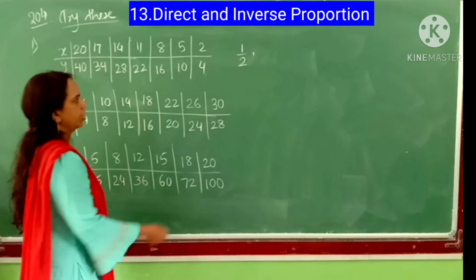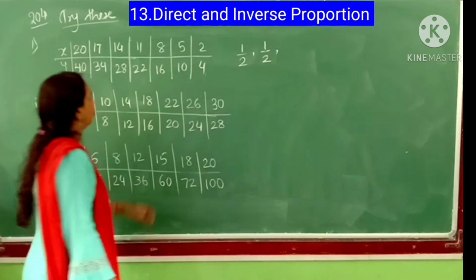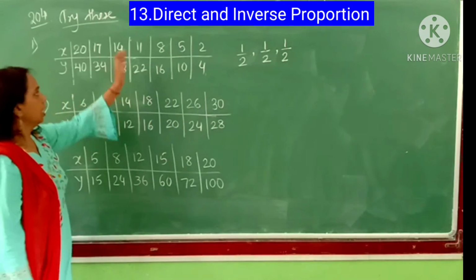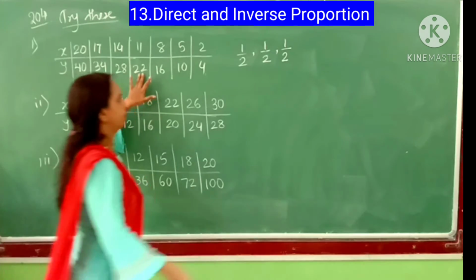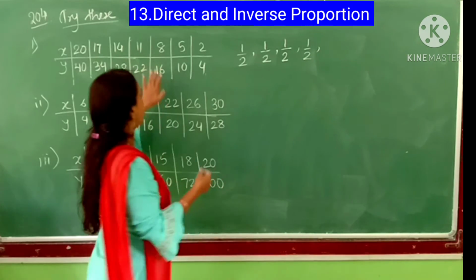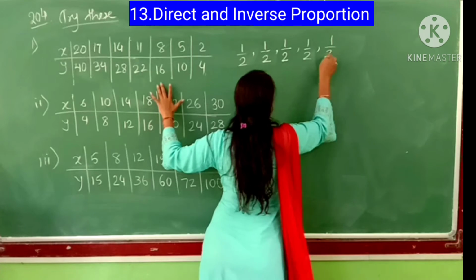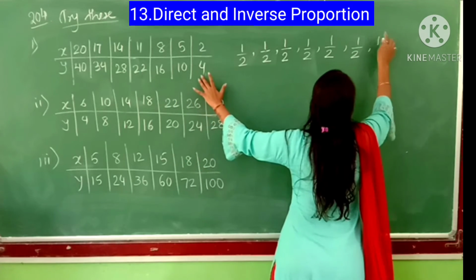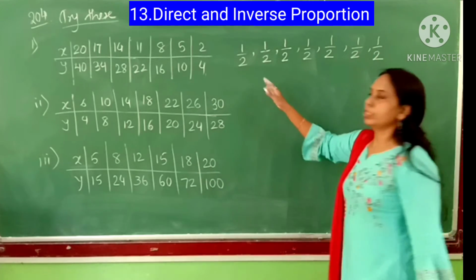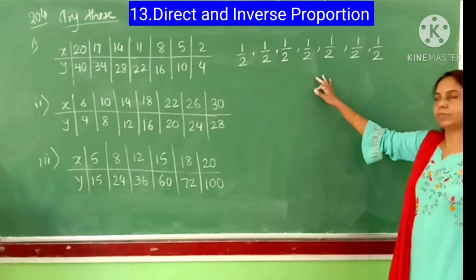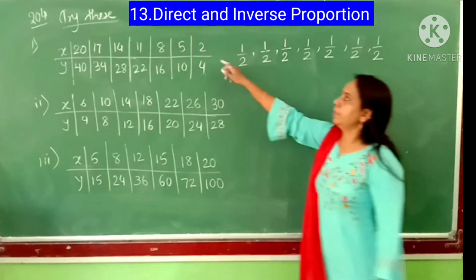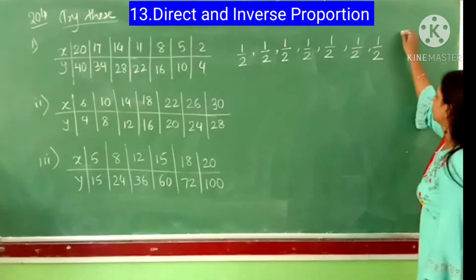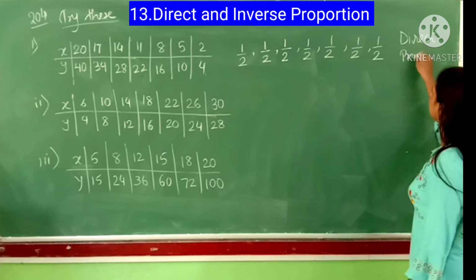Next, 17 upon 34 is 17 into 1, 17 into 2 is 34. 14 upon 28, so 14 into 1, 14 into 2, 28. 11 upon 22, so this is a direct proportion.